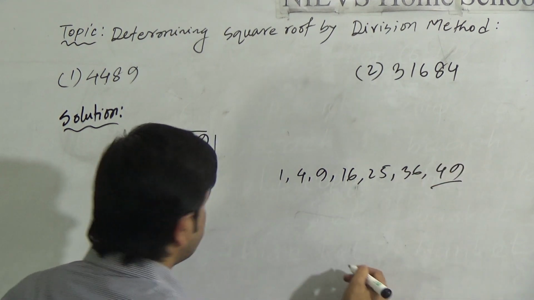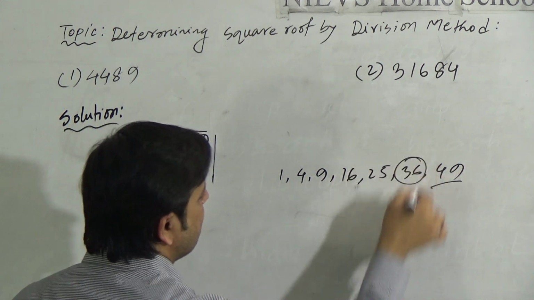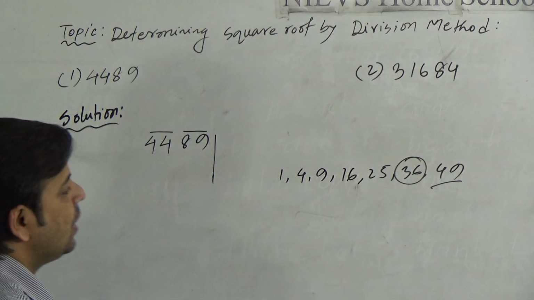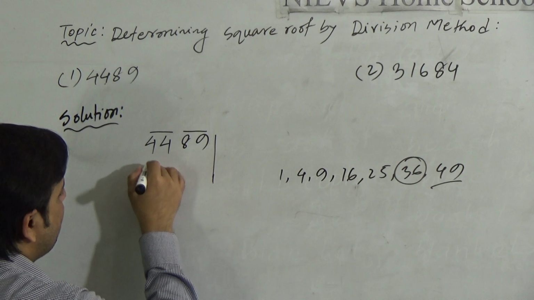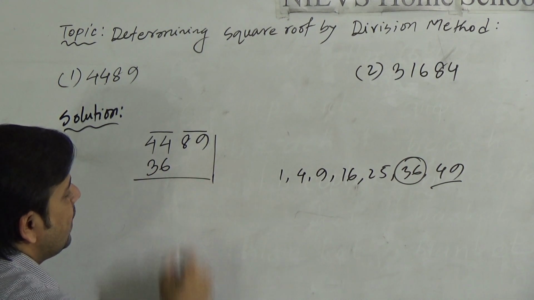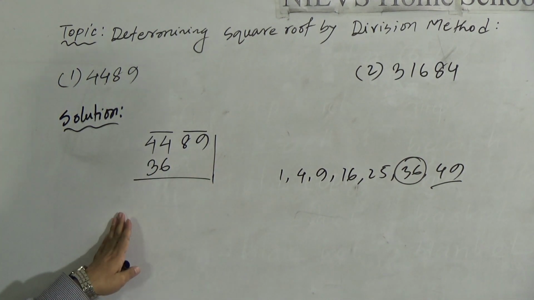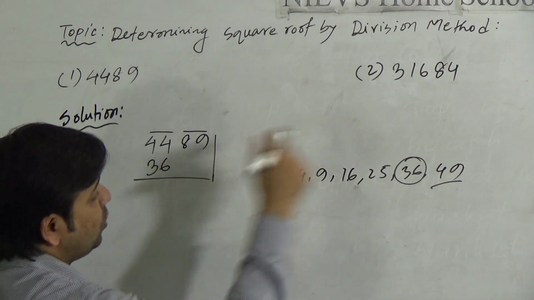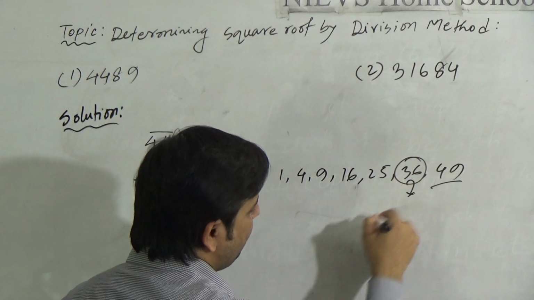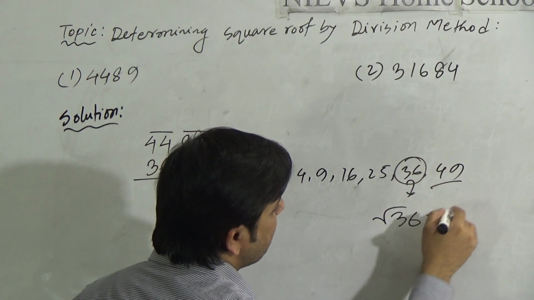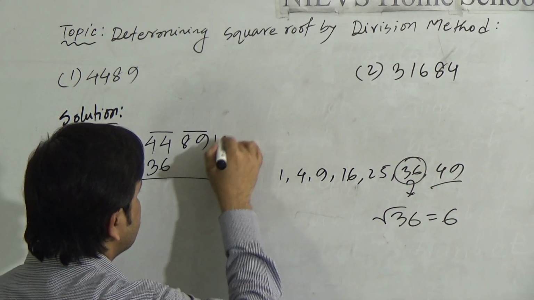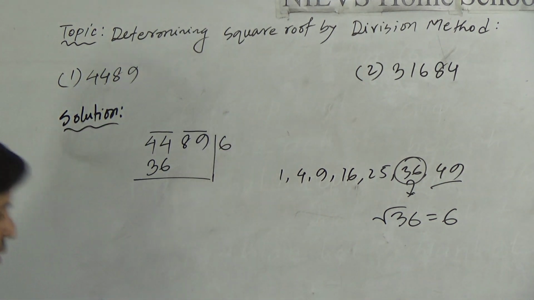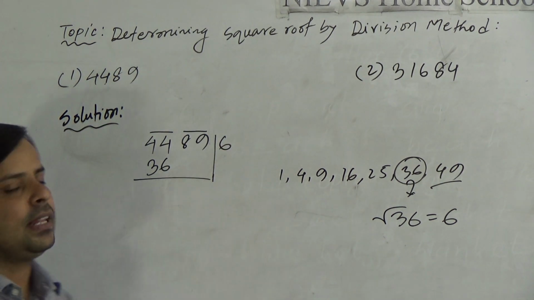So the square number smaller than 44 and nearest to it is 36. We write that square number here. As the square number is 36, in the quotient we have to write the square root of that number. The square root of 36 is 6. So we write 6 on the right side of the vertical line.